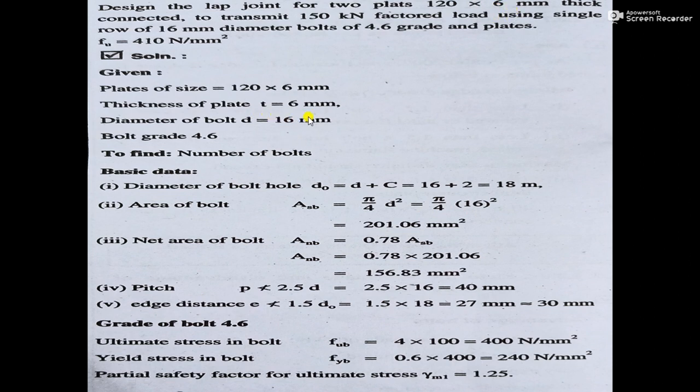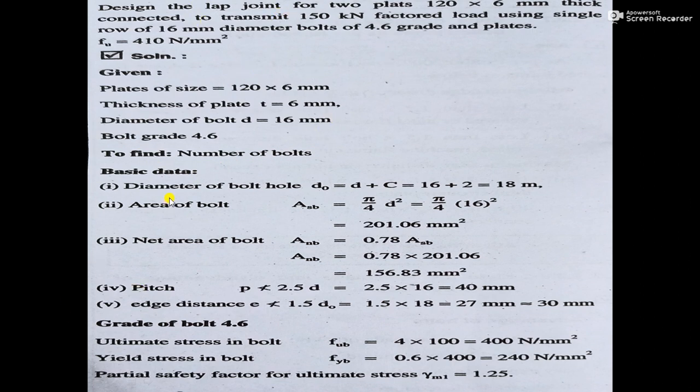The diameter of bolt, the nominal diameter, you can write as D or DN, the nominal diameter DN is equal to 16 mm. Bolt grade 4.6, and we have to find the number of bolts. That is, design means nothing but calculating the number of bolts required. So we have to find the number of bolts for this lap connection, for this lap joint.